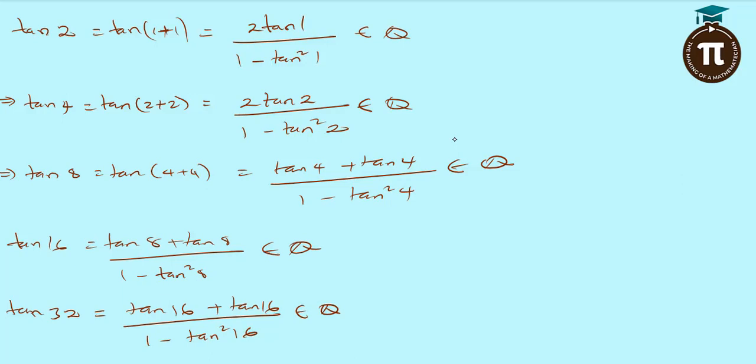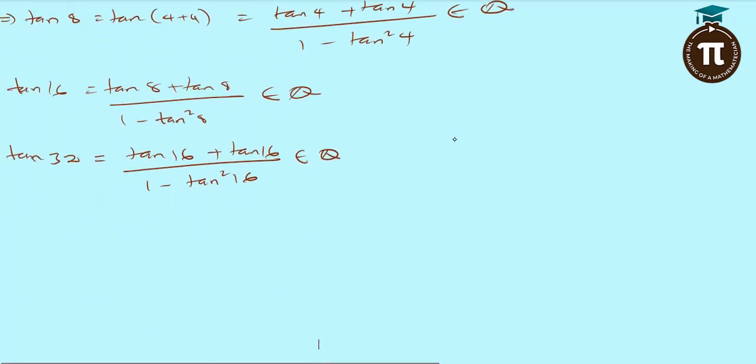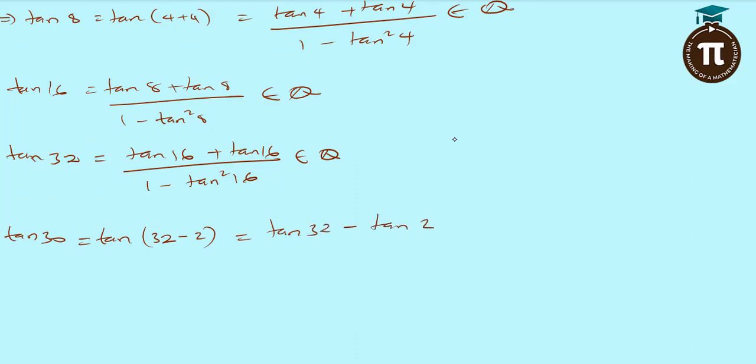So where am I going to? Now tan30, which is equal to tan of 32 minus 2. Tan of 32 minus 2 will give me tan32 minus tan2 all over 1 plus tan32 tan2.